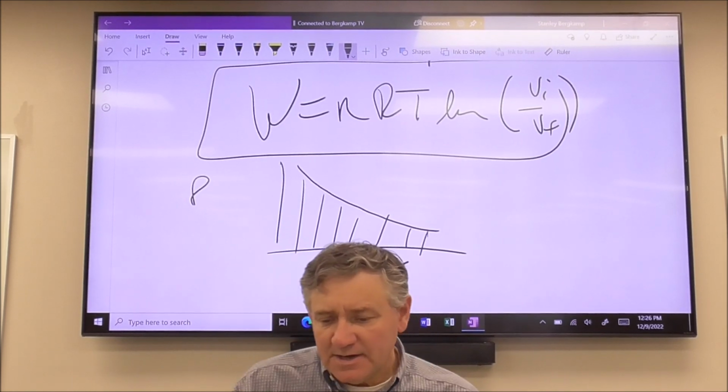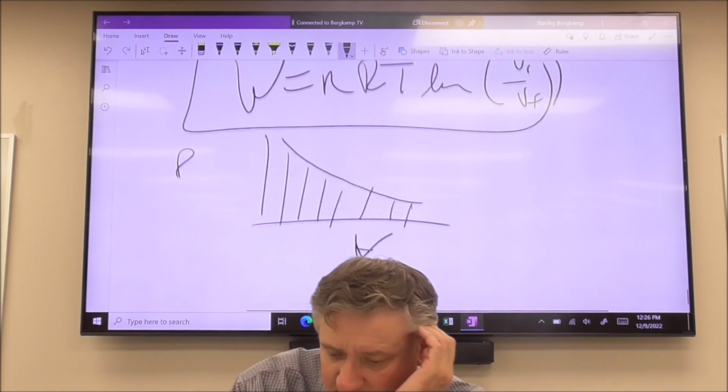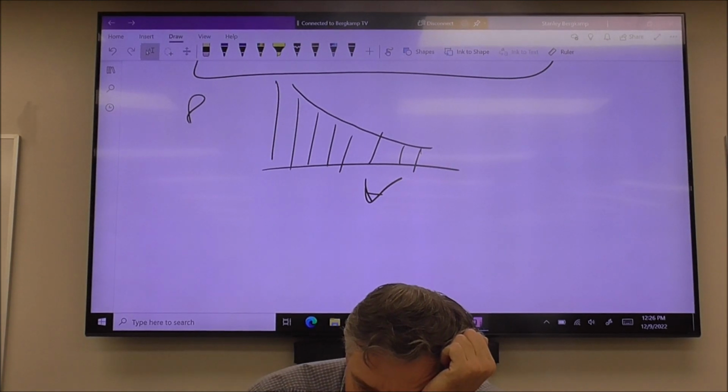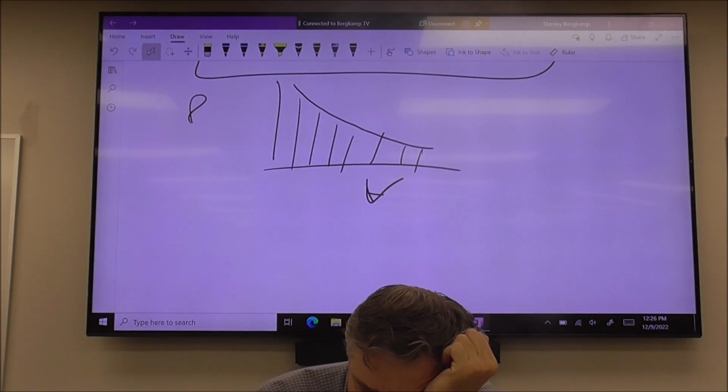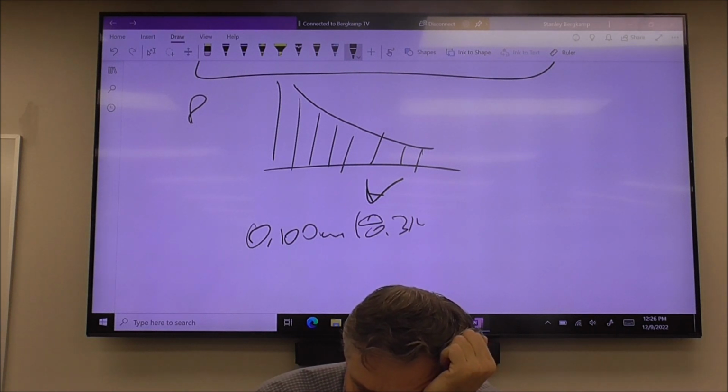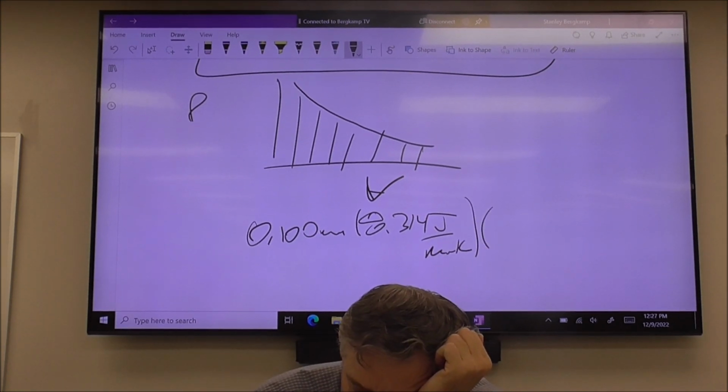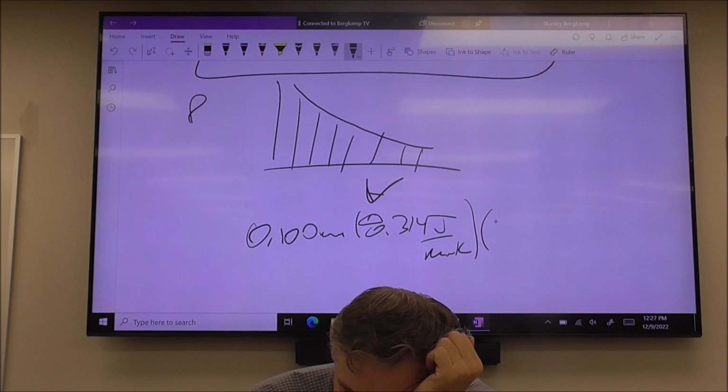Okay? Now, what we're going to look at on our example, we've got n being 0.1 moles. We've got 8.314 joules per mole Kelvin. My temperature was 293 Kelvin.